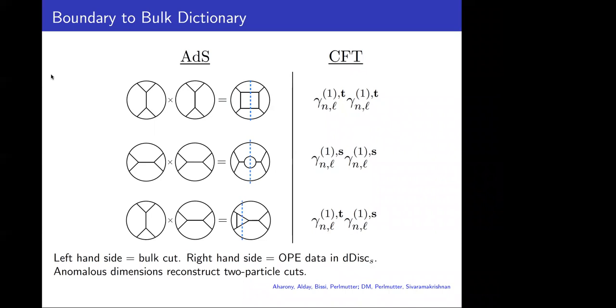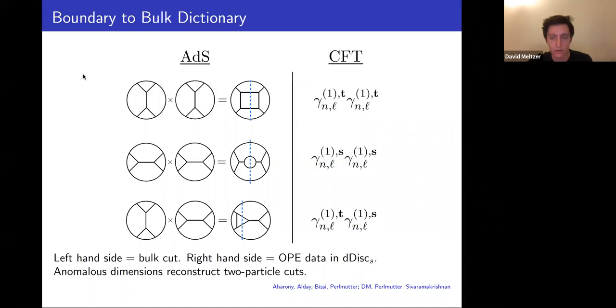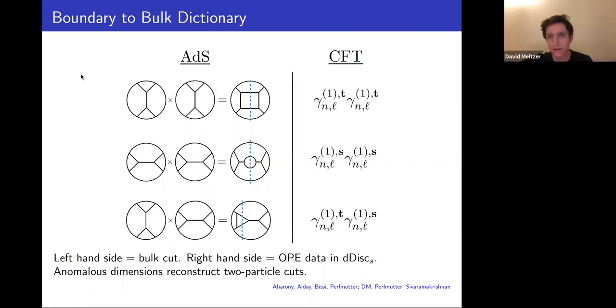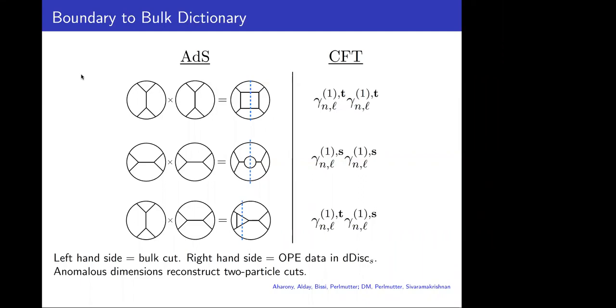The chaos bound gives a bound on the polynomial piece. You can have S squared over T, and you can have a linear piece S, but nothing higher. Then once you go to higher loops, you can increase the divergence by one, so the next constraint is weaker by one order and so on.